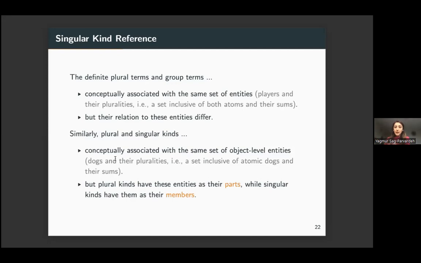But the relation when I say köpekler is what we call a part relation. The actual dogs are parts of the köpekler kind. But when I say köpek, this relation is a membership relation. More like when I say köpek, I'm considering it as a group term and all the actual dogs as its members. I hope the distinction is clear for now.